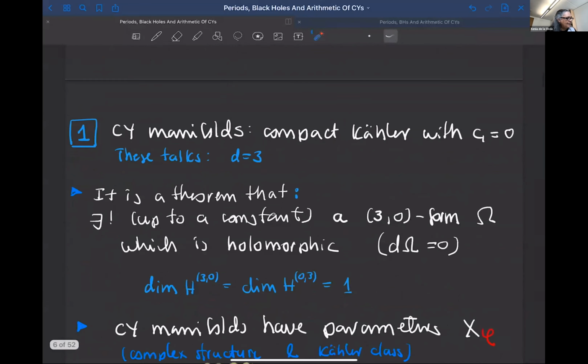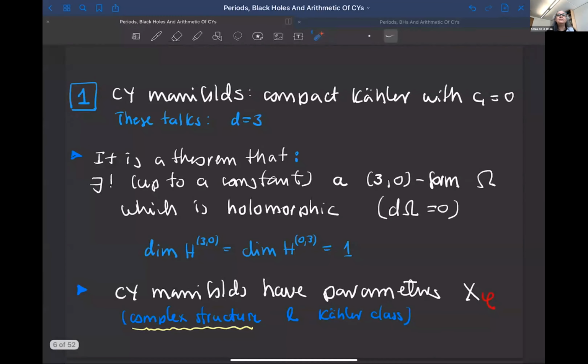Let me start with very general facts about Calabi-Yau manifolds. As we know, Calabi-Yau manifolds are compact Kähler manifolds with vanishing first Chern class. In these talks, we are going to be concerned with the case of 3 complex dimensions.